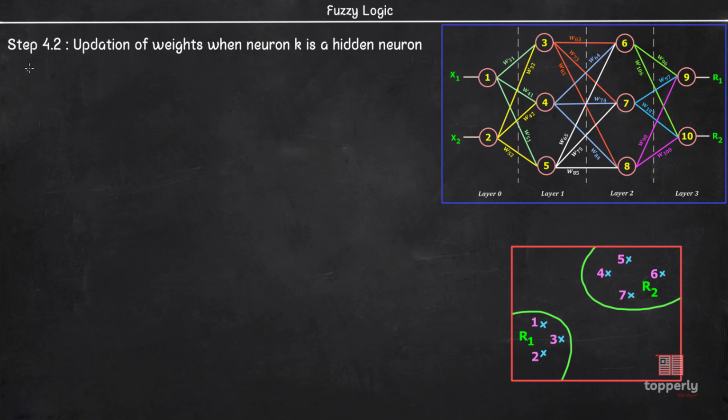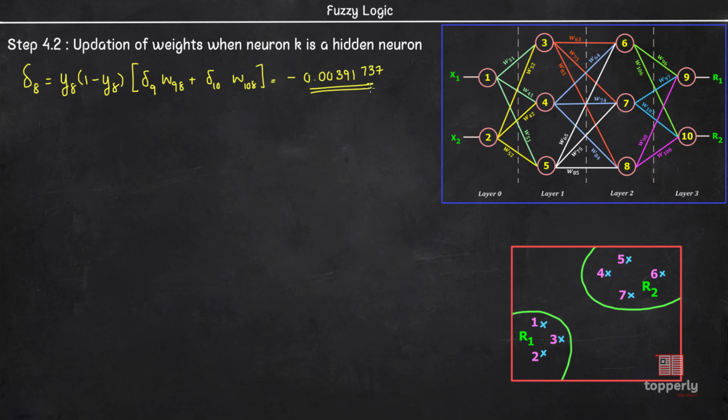Similarly, we have to calculate dou 8, which is equal to y8 into 1 minus y8 into dou 9 into W98 plus dou 10 into W108, which is equal to minus 0.00391737.